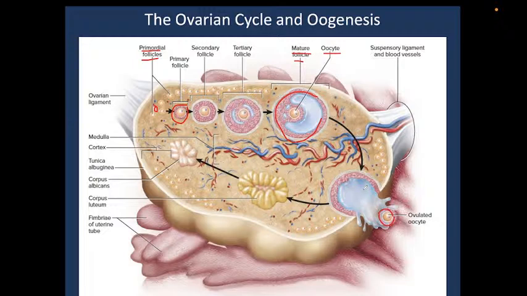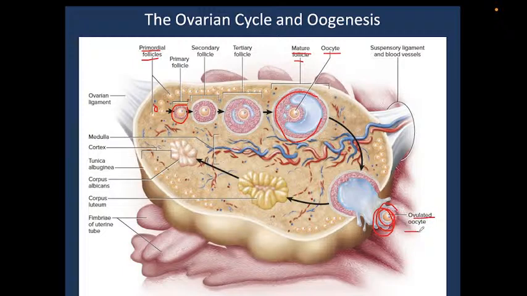One time during the month, the mature follicle breaks near the surface of the ovarium, and the oocyte comes to the peritoneal cavity and is called ovulated.